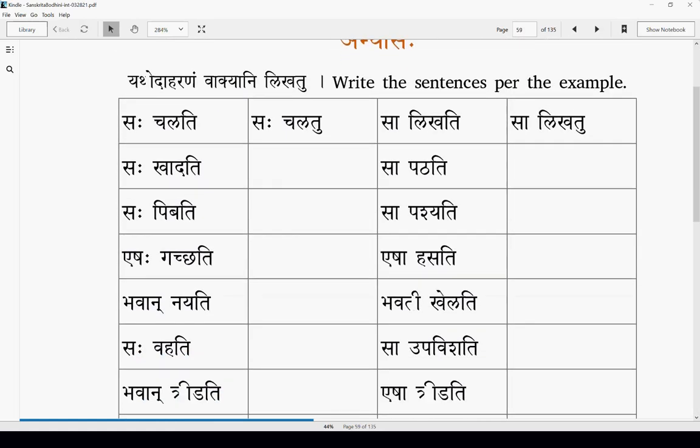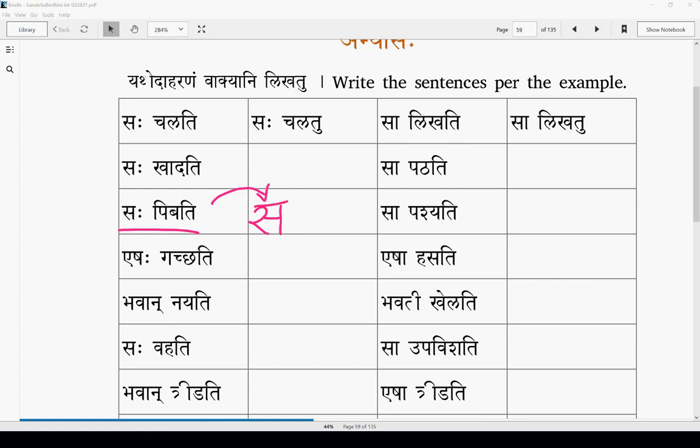Again we have some exercises here. A couple of them we can try here. Saha pibati. What is the meaning of Saha Pibati? He drinks. So when we convert that into Lot Lakara, we want to request, or we can order, that he should drink.